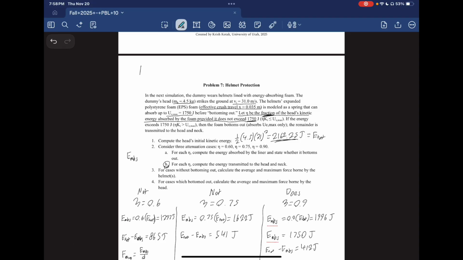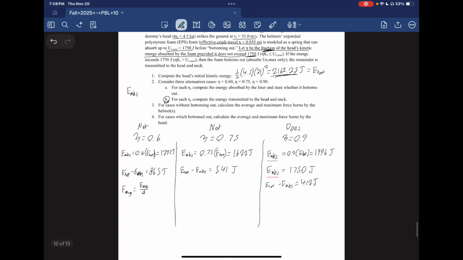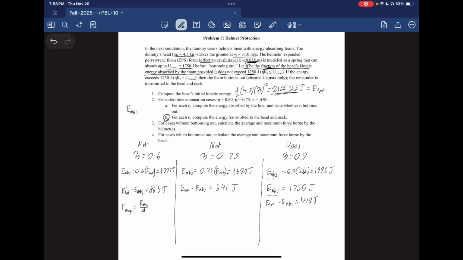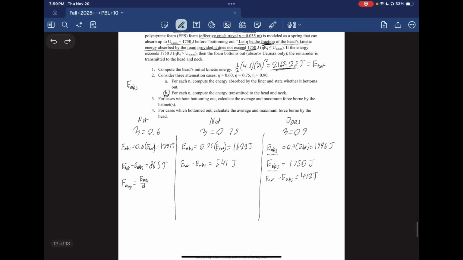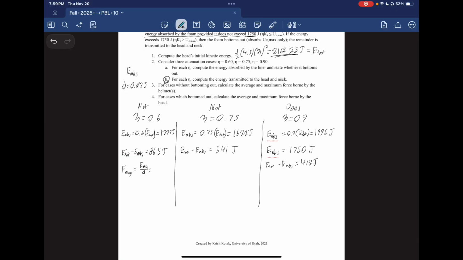And again, this just comes from the equation that work equals force times distance. And since work equals change in kinetic energy and the energy is being absorbed, it's all the same thing. And our distance, our crush travel listed here, is 0.035 meters. So D equals 0.035.